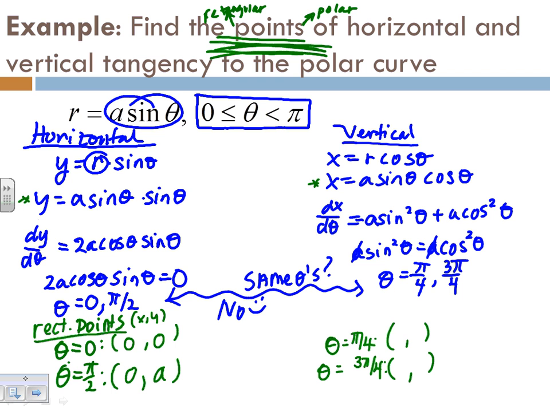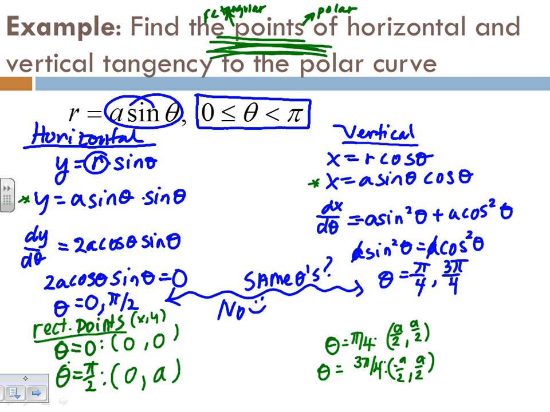So what would you get here? A over 2. What about this one? Yes. And? Okay. So those are your rectangular points.